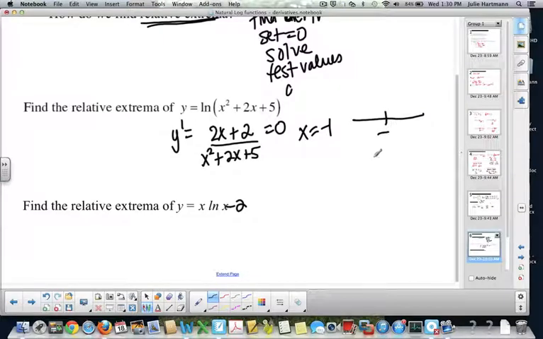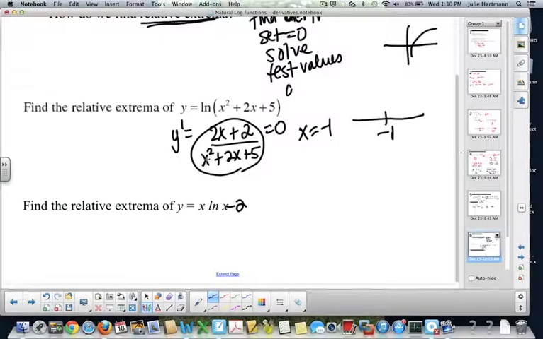Put it on your number line. Put in negative 2.